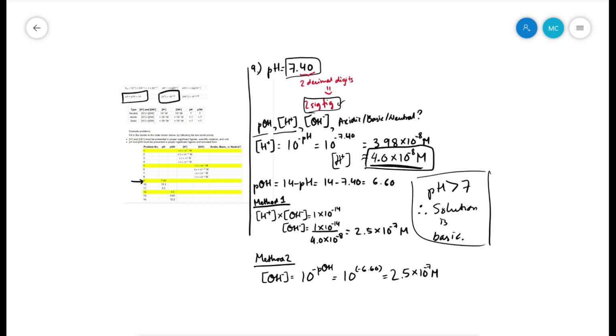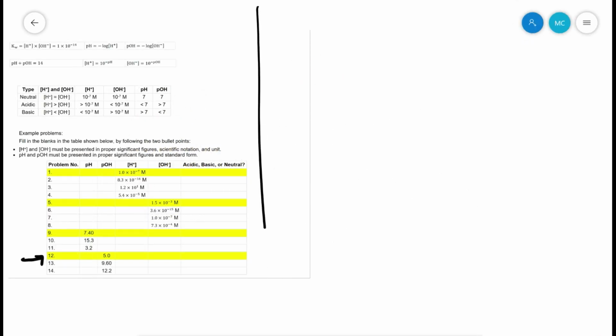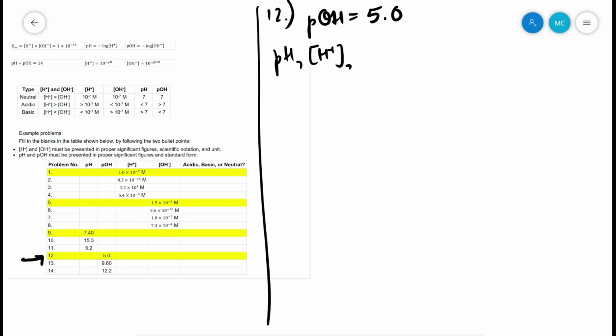Moving on to number 12. For number 12, you're given the pOH value, which is 5.0, and you're being asked to find the pH, the H, the OH, and to figure out if the solution is acidic, basic, or neutral.